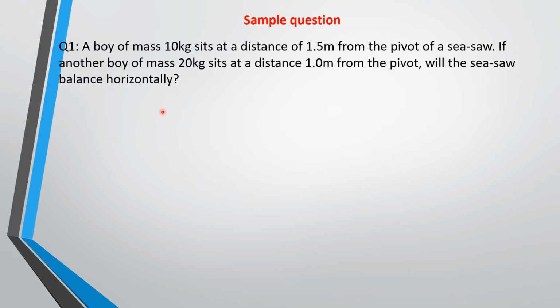Okay, so we say that a boy of mass 10 kg sits at a distance of 1.5 meters from the pivot of a seesaw. If another boy of mass 20 kg sits at a distance 1.0 meters from the pivot, will the seesaw balance horizontally?